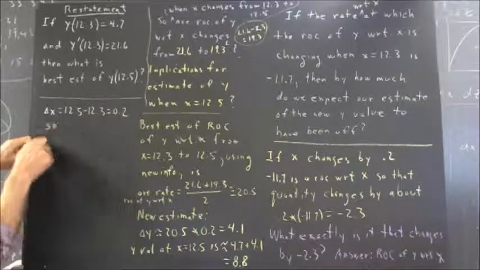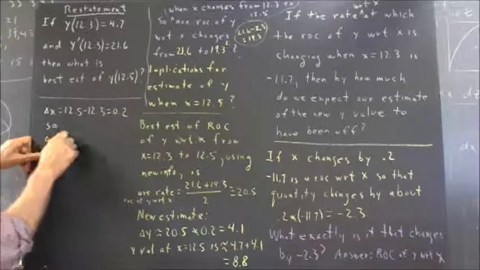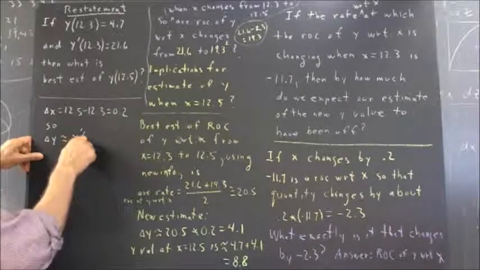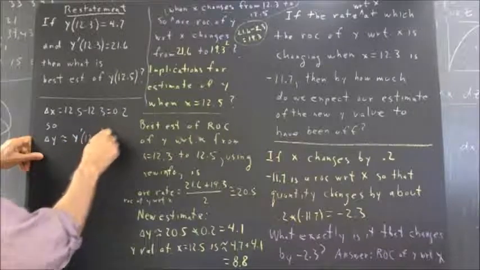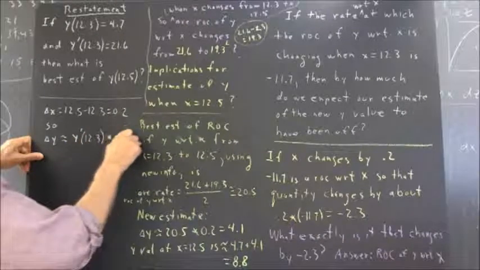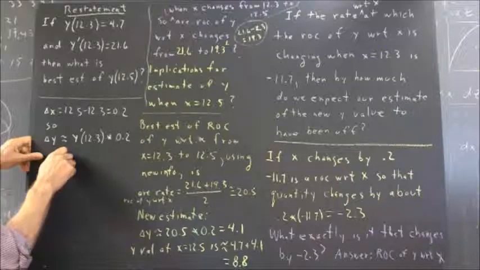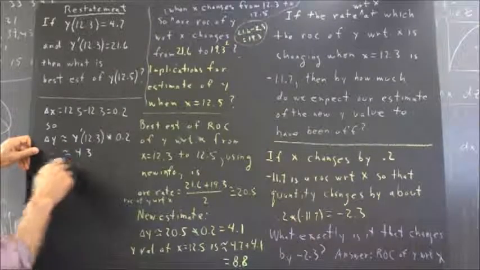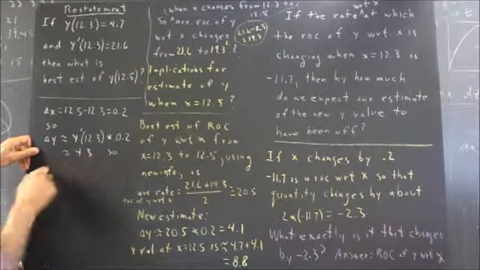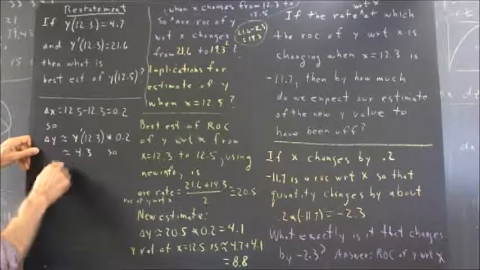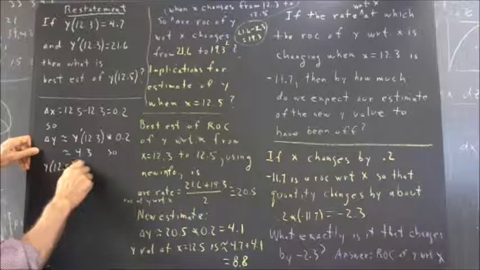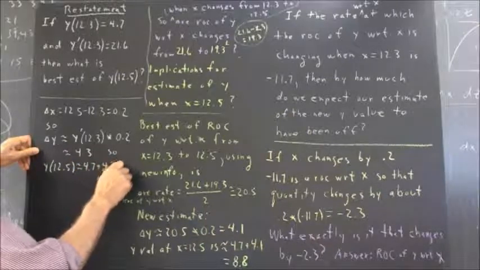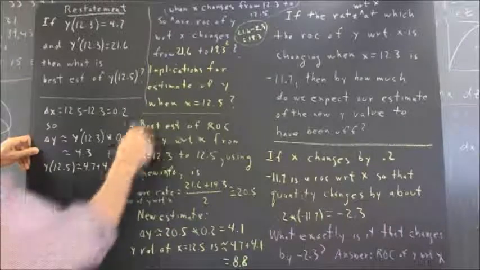So delta y is approximately equal to y prime of 12.3 times 0.2, which is approximately 4.3. So y of 12.5 is approximately 4.7 plus 4.3 equals 9.0.